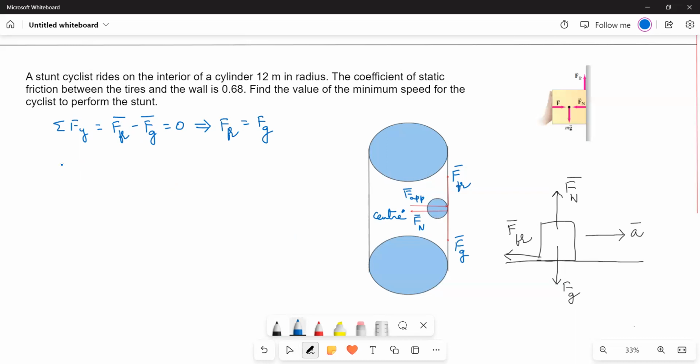Now you know frictional force is equal to mu Fn. And here, Fn is directed towards the center, so Fn is equal to Fc, the centripetal force. And you know Fc is equal to mv square over r.